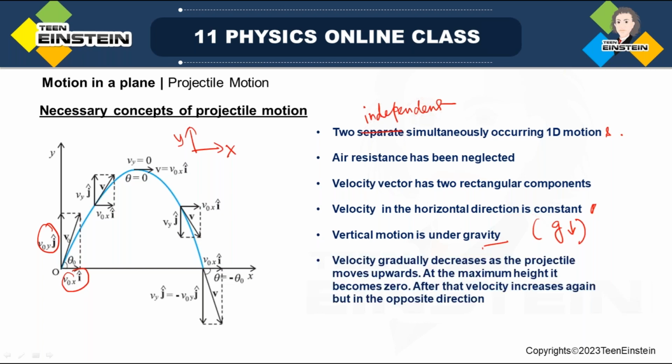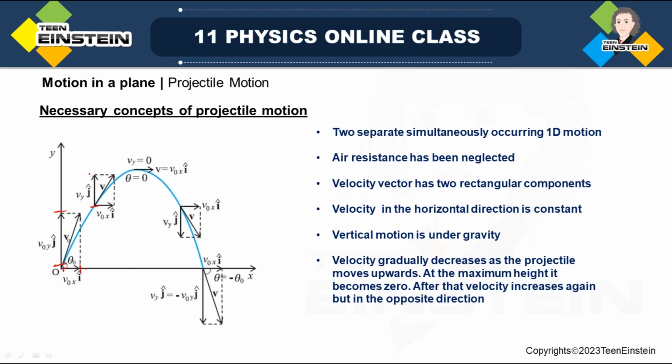And in the vertical direction, since it is going opposite to gravity, the velocity vector in the vertical direction will be gradually decreasing, as you see here. See, the vertical component is this much, the horizontal component is this much, and this remains constant throughout. But the vertical component goes on decreasing.